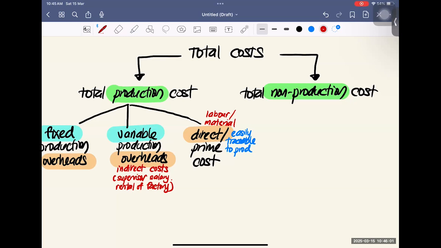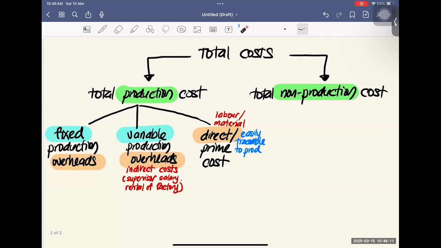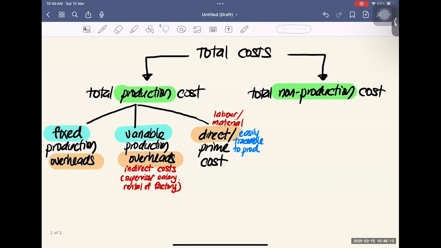Can you trace how much is a rental of factory to the product? You can't. So therefore, this is classified as overheads, i.e. indirect costs. Maybe to be specific, supervisor salary and rental of factory are fixed costs. So it is fixed production overhead.